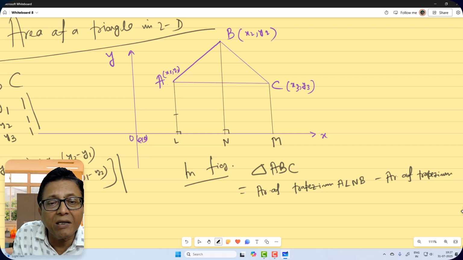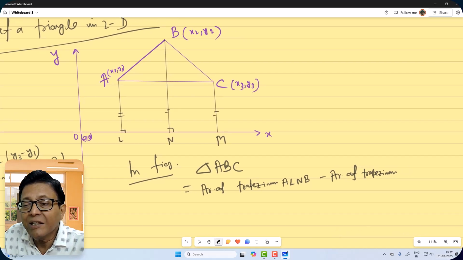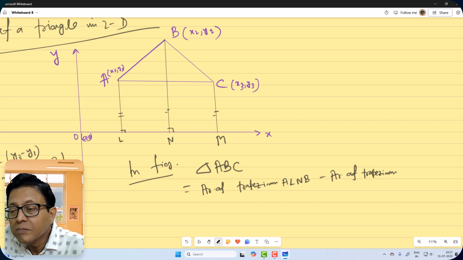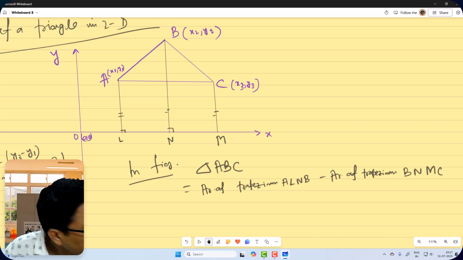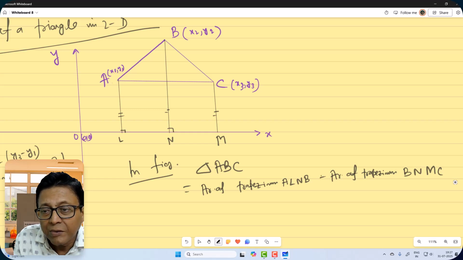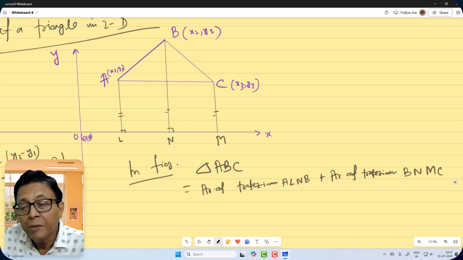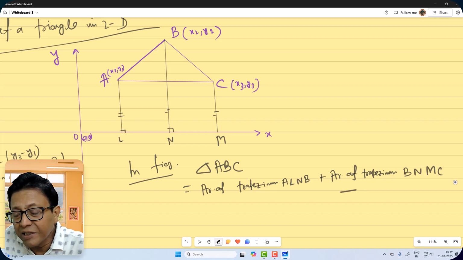Because these are parallel. And this one is also a trapezium because BN is parallel to CM. Plus the area of trapezium BNMC, minus another trapezium, the area of trapezium ALMC. Clear?